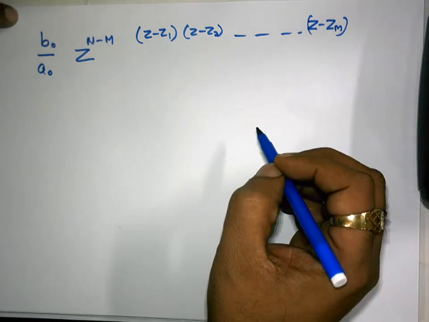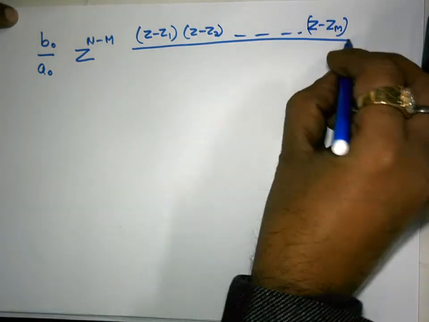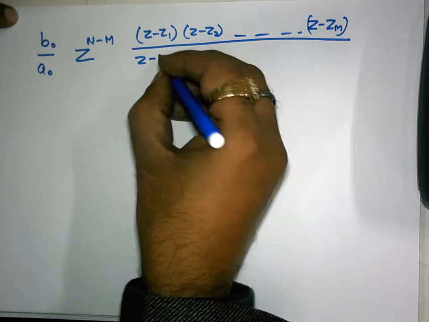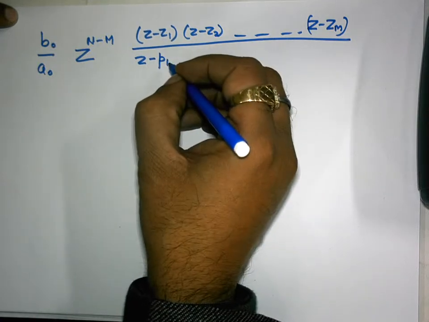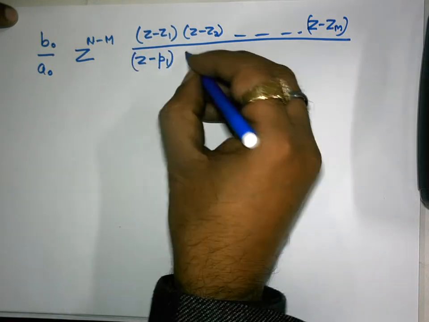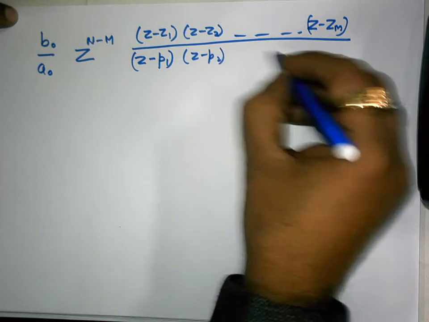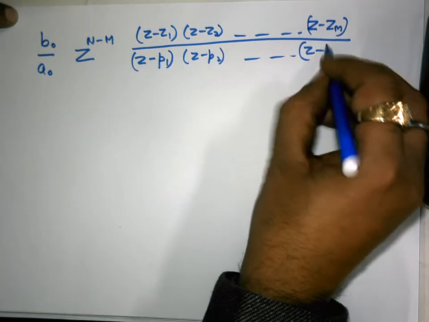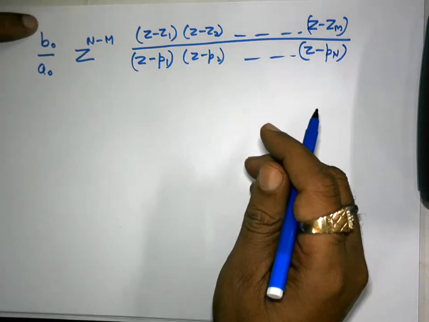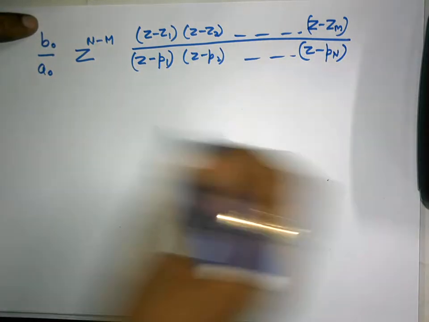There are m roots, and similarly z minus p1 you can say, the root of the denominator polynomial, then z minus p2, going this way z minus pn. These are the roots. Okay.